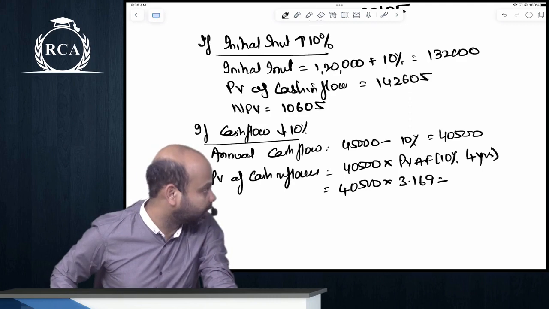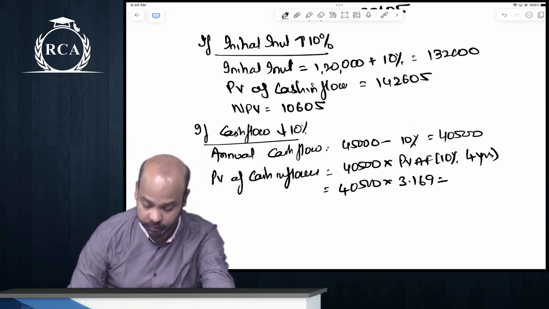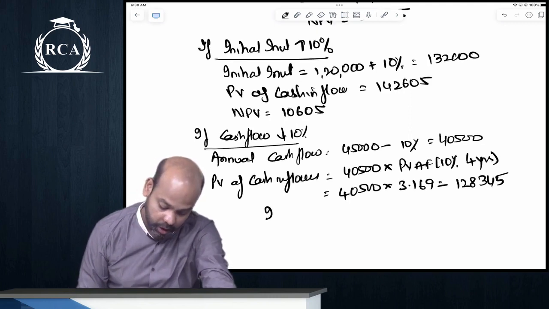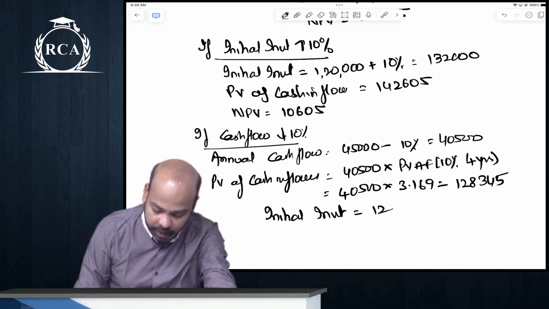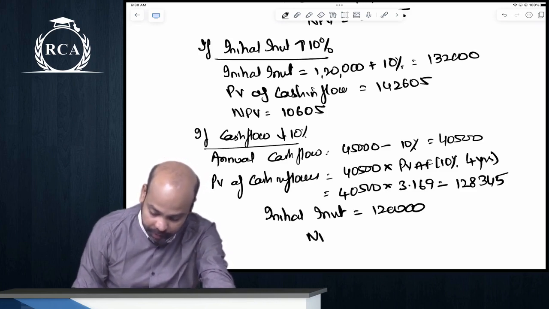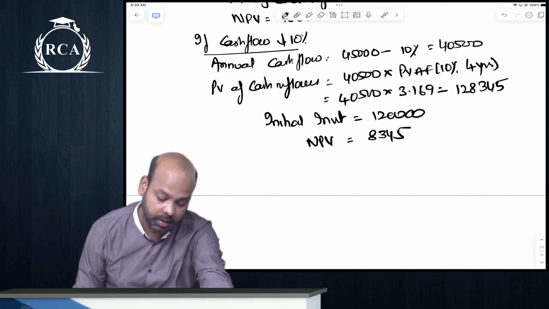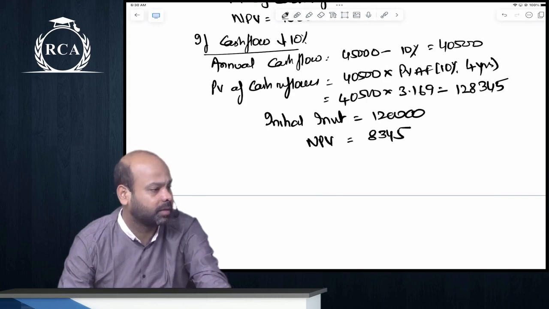How much is 40,500, guys, into 3.169? 1,28,345. Your initial investment is not changing here. It will remain at 1,20,000. Therefore, NPV, beta, will be equal to 8,345. This is if your cash flow is decreasing by 10%.